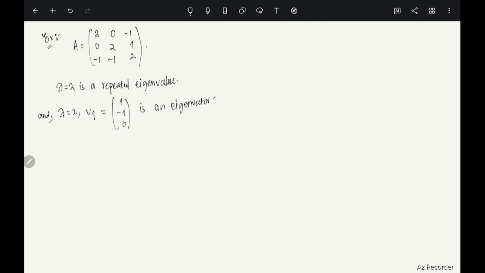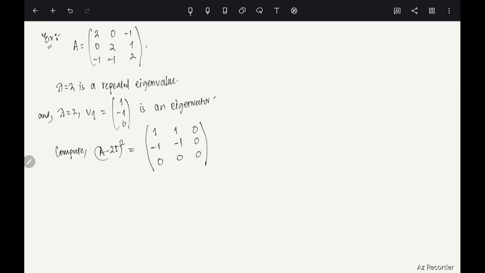This is the procedure, please remember this. You start with A, and we compute (A minus 2I) squared. If you compute it, it becomes 1 1 0, minus 1 minus 1 0, 0 0 0.